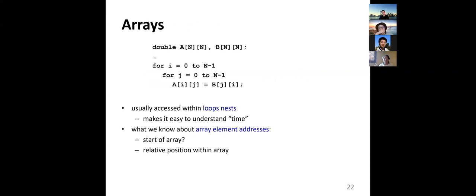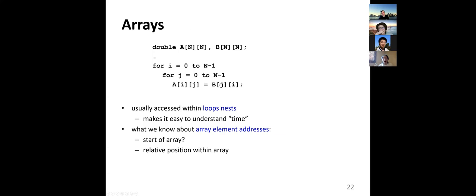Okay, before going into pointers, because that's the hardest case, let's look at the arrays. So this is an example array, like A[N][N] and B[N][N], and this is what I do. I access A[i][j], right?